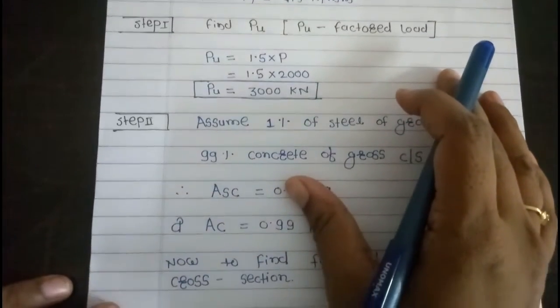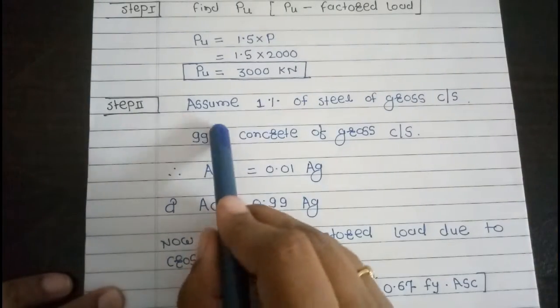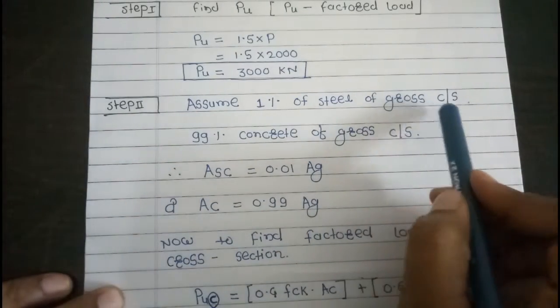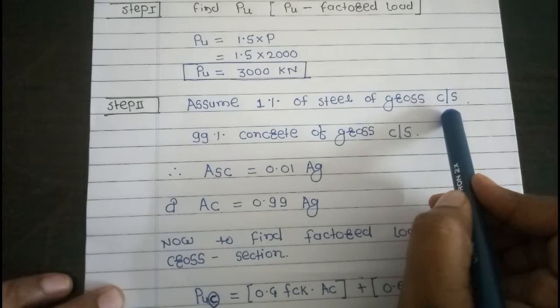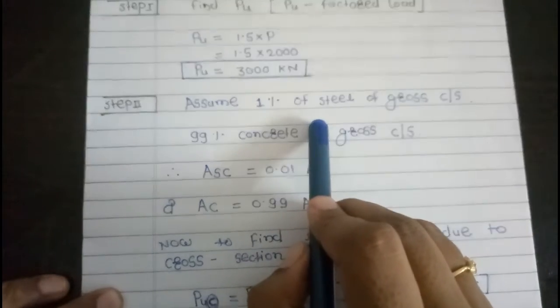Okay. Then step second. Assume 1% of steel of cross section. Every column has concrete and steel, right? This is the thumb rule given by IS code.